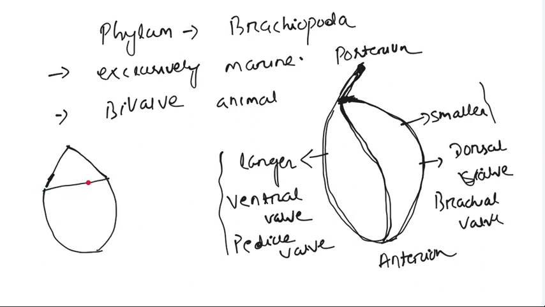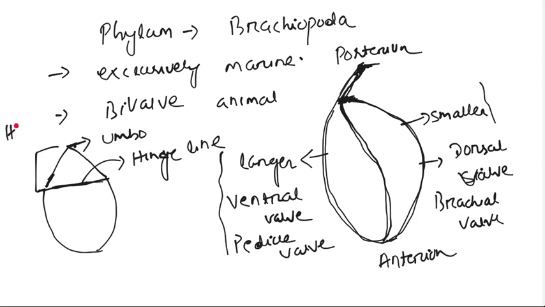The two valves join on this line. On the posterior side, it is called the hinge line. The posterior extreme end is called the umbo. The area between the hinge line and umbo is called the hinge area. This complete area is called the hinge area.